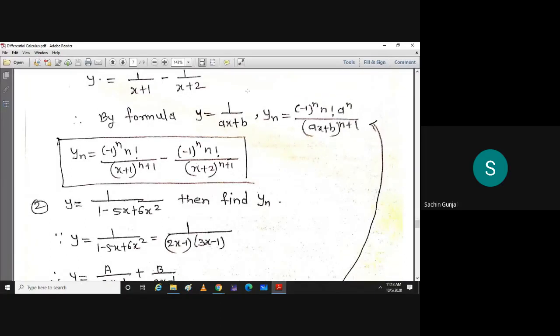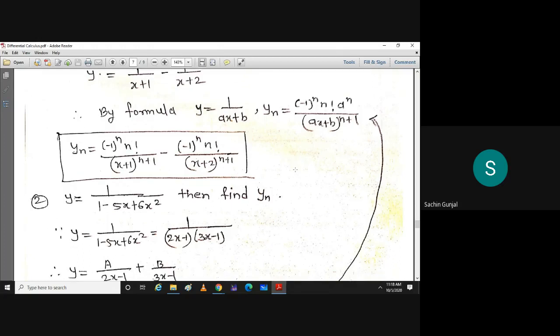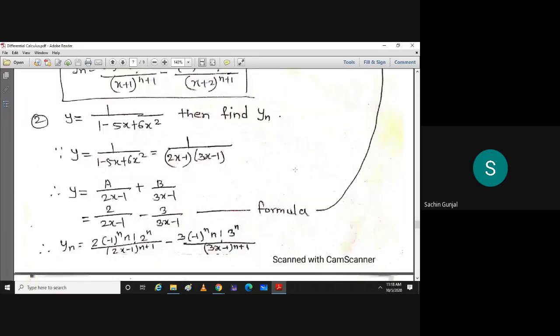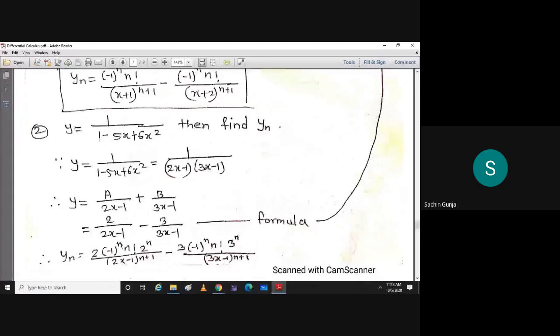Please note this down. If the function is 1 upon ax plus b, then its nth derivative is minus 1 raised to n into n factorial, a raised to n upon ax plus b raised to n plus 1. In this case a is 2, the coefficient of x.